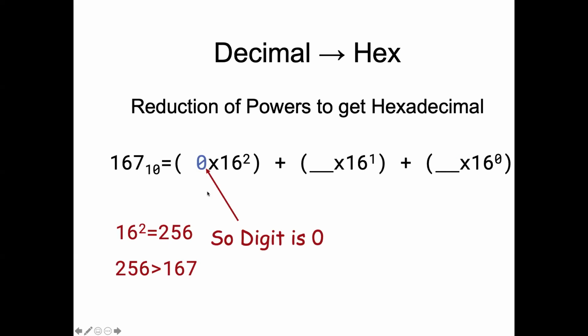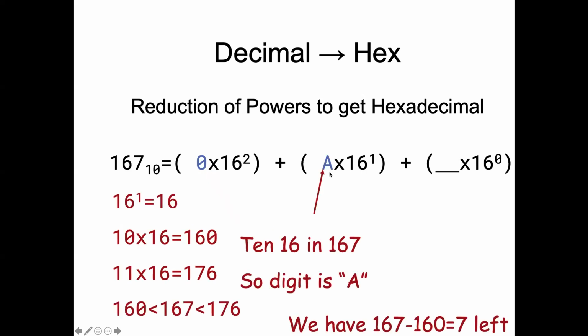That leaves us 167 to be taken care of by the next 2 hexadecimal digits. Here we could do a little trial and error. 10 times 16 to the first, or 10 times 16, is 160. 11 times 16 to the first is 176. Well, 176 is too big. It's bigger than the number we're converting. So it must be 10 times 16 to the first.